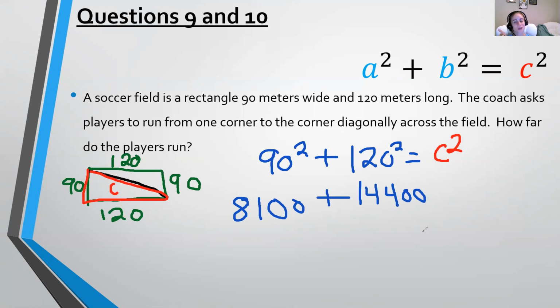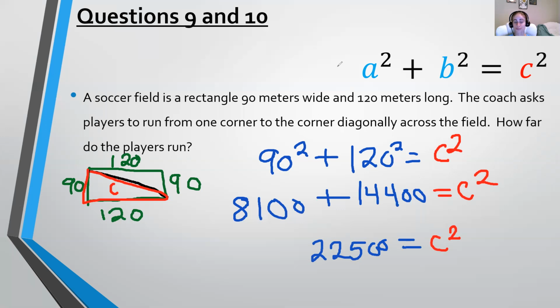And if you did, bravo, props. Equal to c squared. Let's keep simplifying and add those bad boys up. 8,100 plus 14,400 is 22,500. That is equal to c squared.